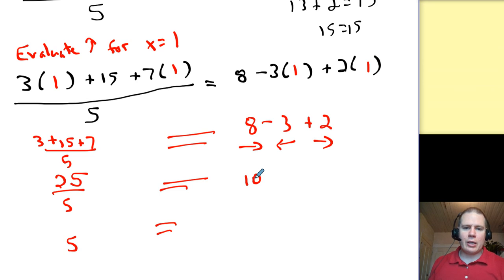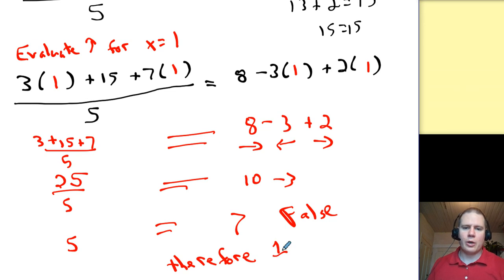So I have 10 forwards minus 3. 10 minus 3 is 7. Is this a true statement? No. 5 is not equal to 7. Therefore, this value, 1 in this case, is not a solution.